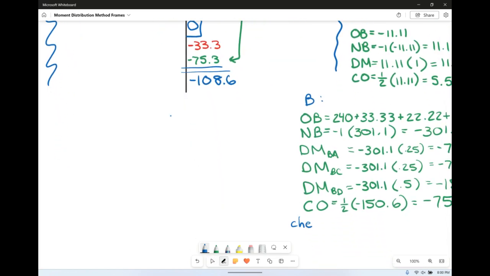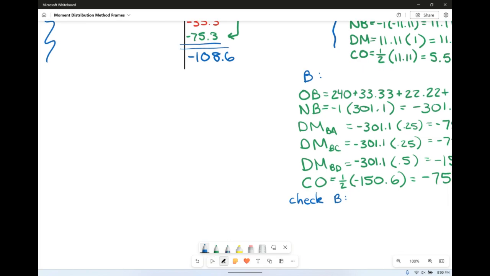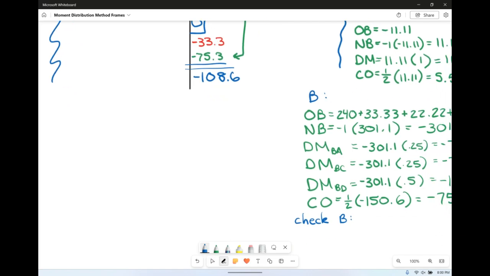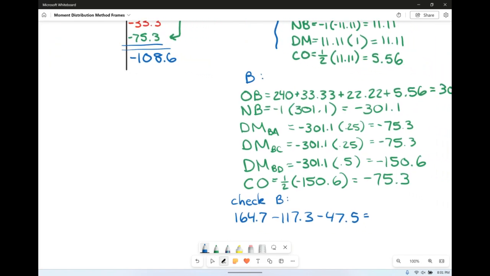We can check joint B just in case. So we said we have 164.7. We said we had negative 117.3 and negative 47.5. And if we add all that up, it should equal 0. We're actually at negative 0.1, but that's close enough to 0 that it's okay.